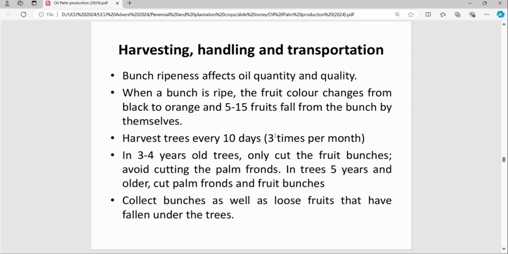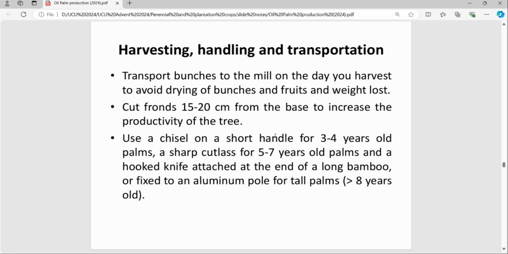You also have to collect the bunches as well as the loose fruits that have fallen under the trees, because all these provide oil during processing. These are then transported to the mill within a day, because when you leave them for a longer time, they'll start losing weight, and some of them might start drying.